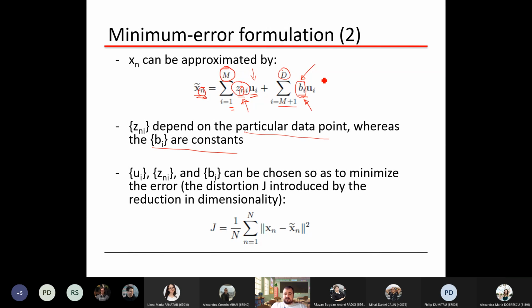The error that we said is a distortion error that is computed as the square difference between the point that I want to project and its projection or its approximation that is computed using this formula. Okay, and we would like to find u_i, z_ni, and b_i so that to minimize the value of this error.